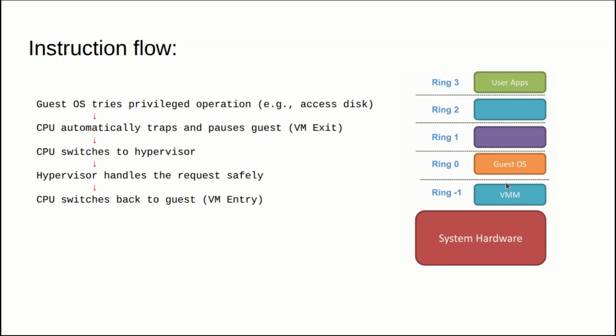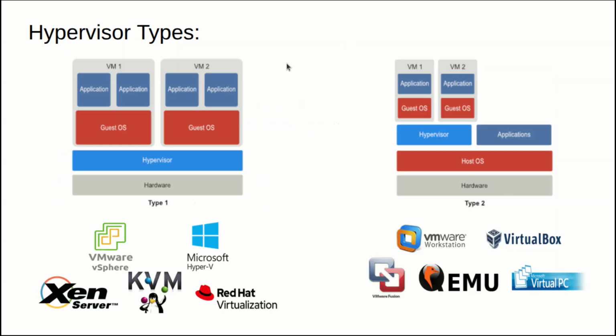Now, there are two types of hypervisors, called type 1 and type 2. In a type 1 hypervisor, you have the physical hardware, on top of it you have a hypervisor, and on top of this hypervisor you have multiple virtual machines.